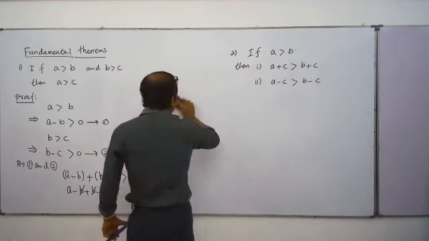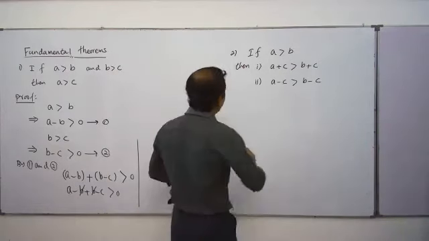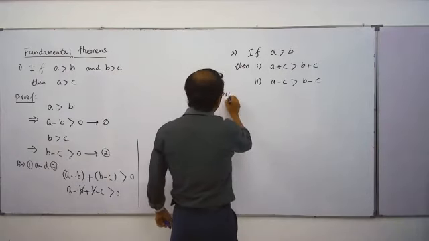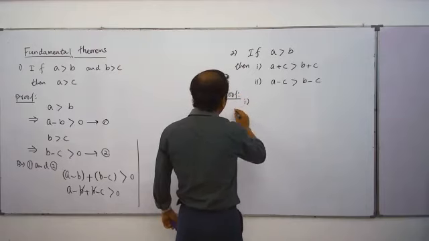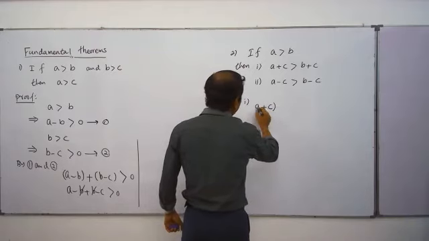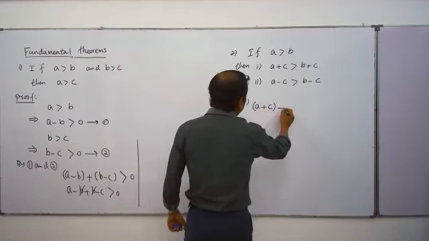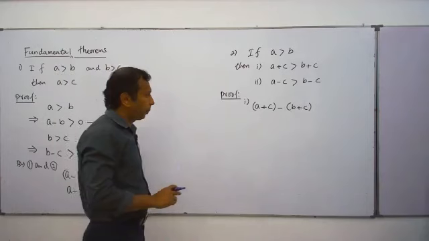The proof is done like this. Proof. Number 1. We take first this a plus c minus b plus c. I take a plus c minus b plus c and simplify this.